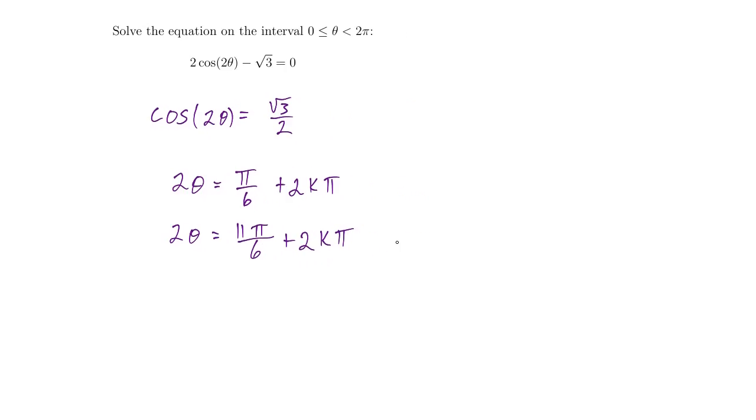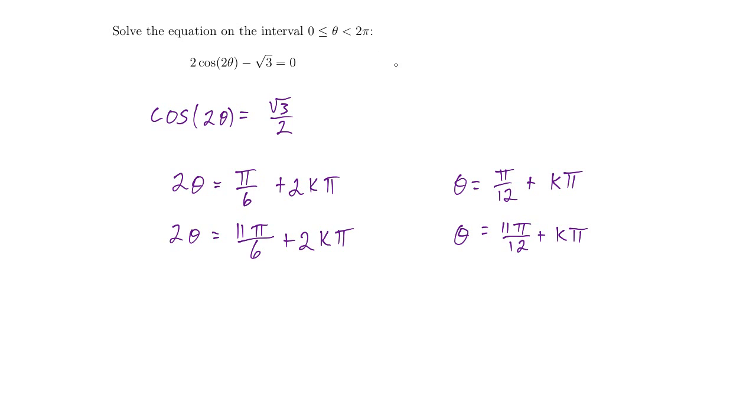So from this, the next step would be to write theta is equal to pi over 12, dividing both sides by 2, plus not 2k, but just k pi. And my second possible solution gives me 11 pi over 12 plus k pi.